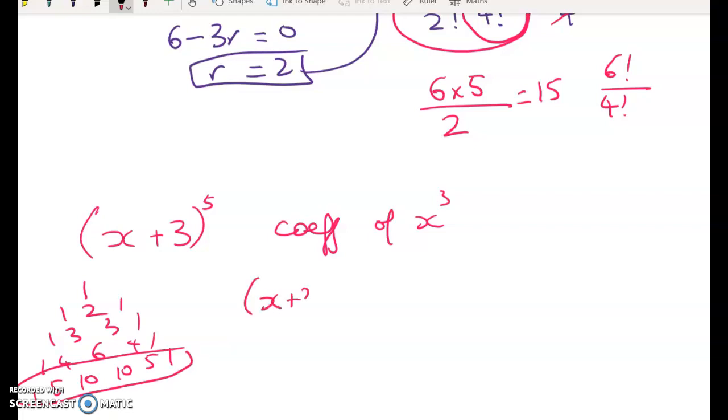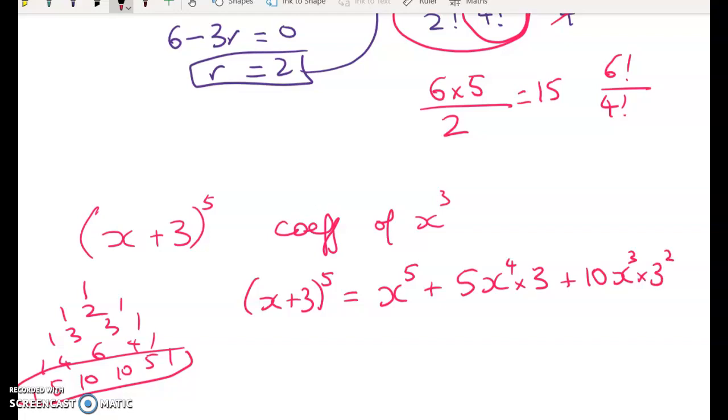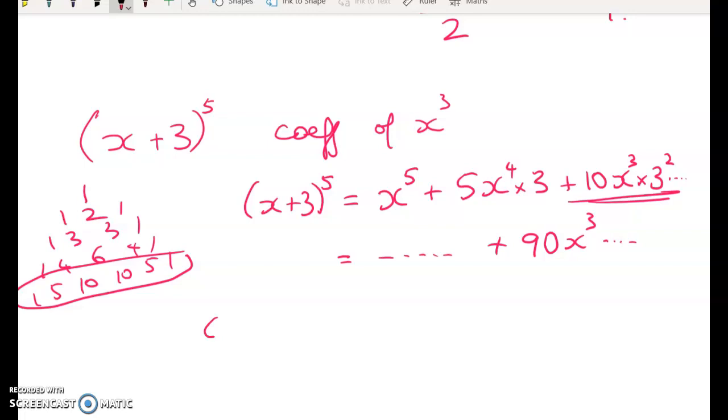So x plus 3 to the power of 5 will be x to the power of 5 plus 5x to the power of 4 times 3 plus 10x cubed times 3 squared. This is the one we want, so then it's dot, dot, dot. So that equals blah, blah, blah plus 90x cubed. So the coefficient of x cubed is 90.